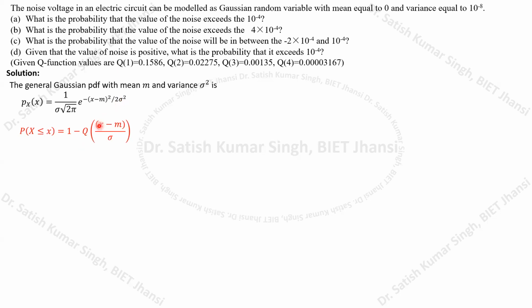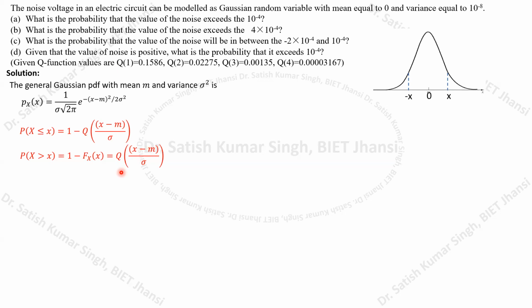Here x is a particular value of X for which we have to calculate the probability, m is the mean value, and sigma is the standard deviation. I also discussed the probability that X is greater than x, which can be calculated using this formula. This way we can calculate the various probabilities.